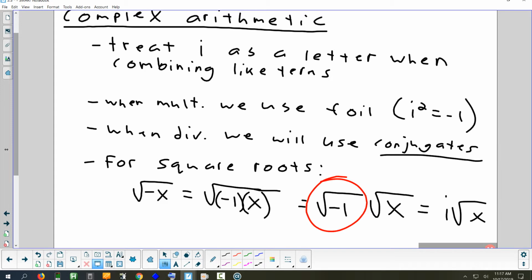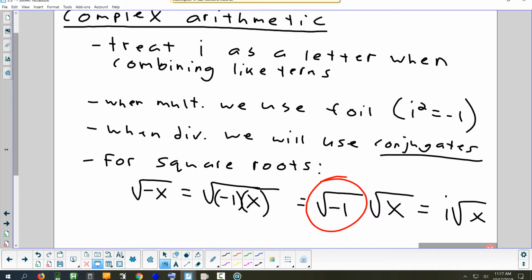So basically, what happens when you take the square root of a negative, so we don't have to go through all these steps every time, is the negative comes out in front of the square root as an i. So you could write something like this: i square root of 3. That would be the answer to the square root of negative 3.